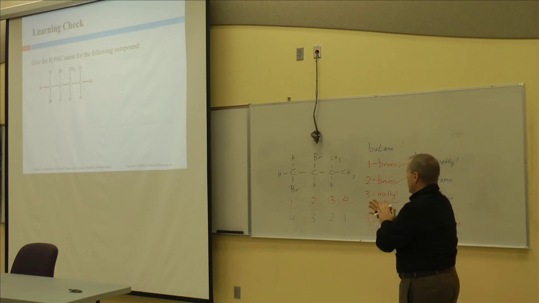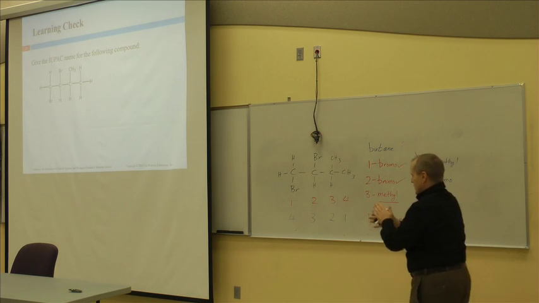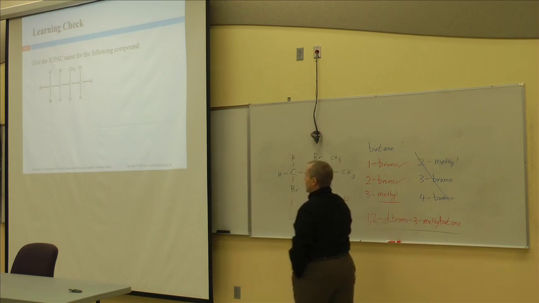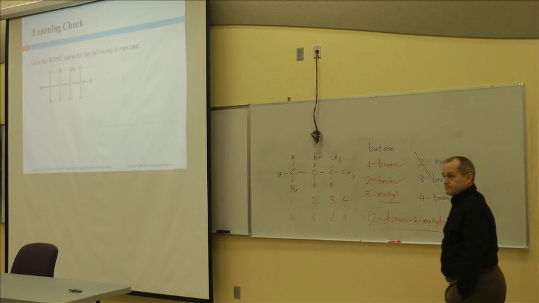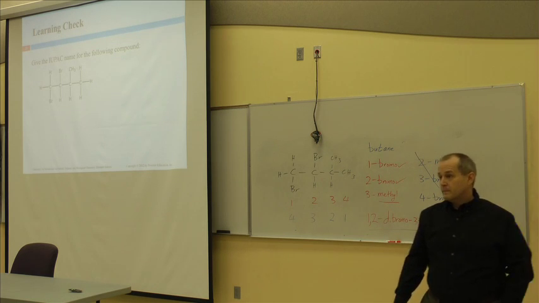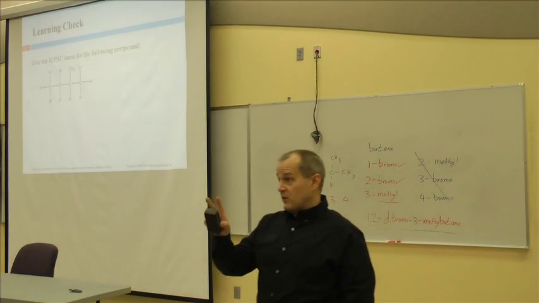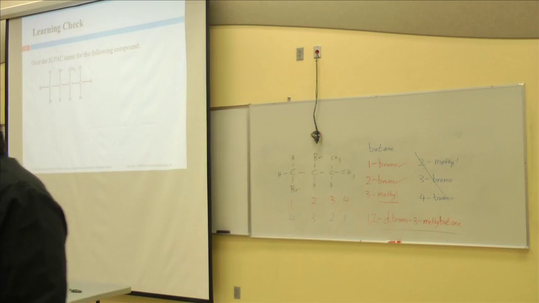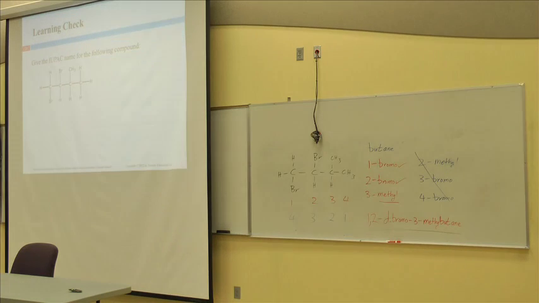Now, if this is organic 1, you wouldn't believe what I throw at those guys. But that one is about as hard as it'll get. Can you explain how you got the di again? There's 2 bromines in the molecule. So you have to tell the reader not only the numbers, 1 and 2, or 3 and 4, wherever they live, but you also have to indicate that there's 2 of them, so you say dibromo.